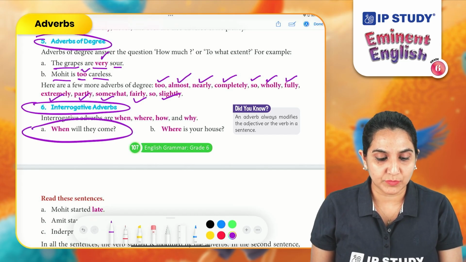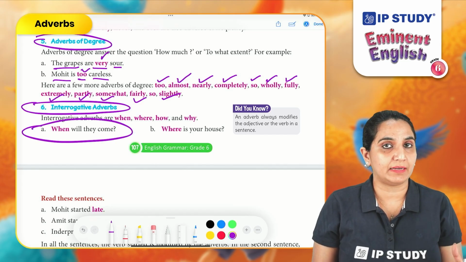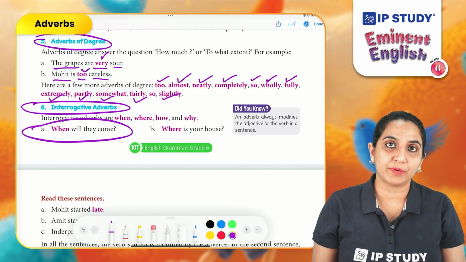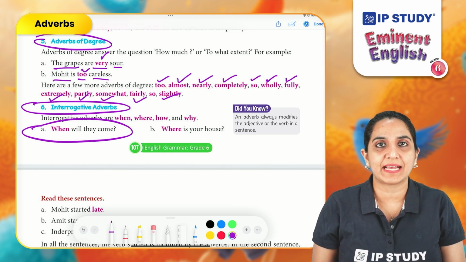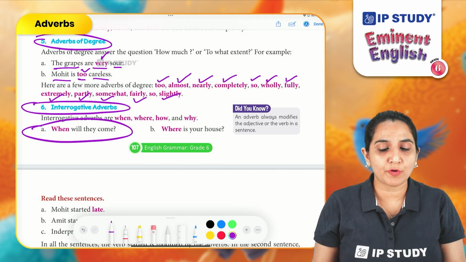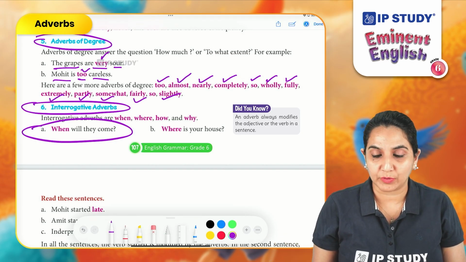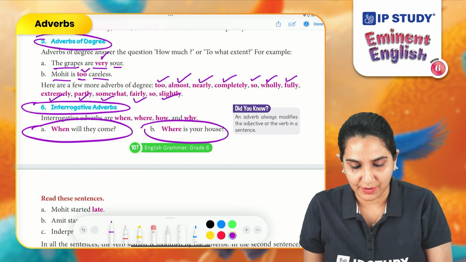When will they come? So here we are clearly asking when will they come. This is already an adverb because when something is happening, how something is happening, how often something is happening, and where something is happening. But when it is put in a question form, it is an interrogative adverb. Where is your house?